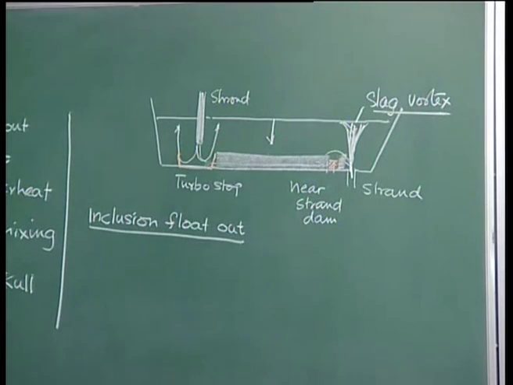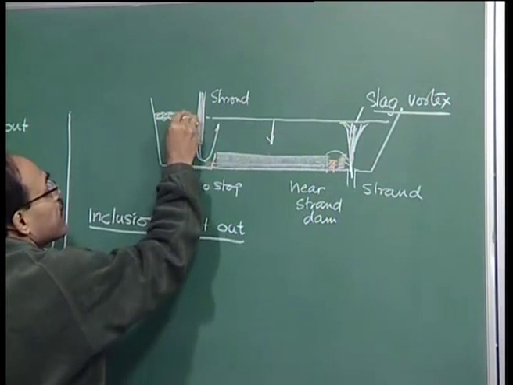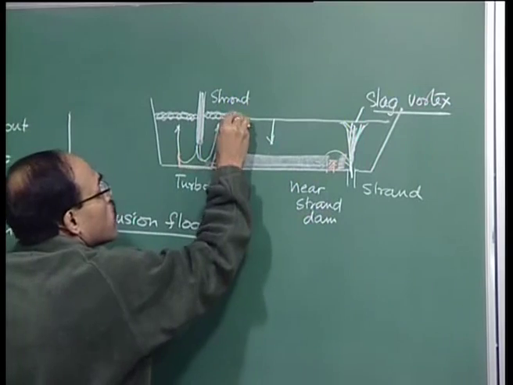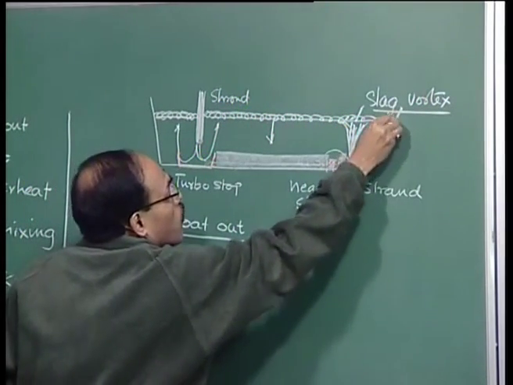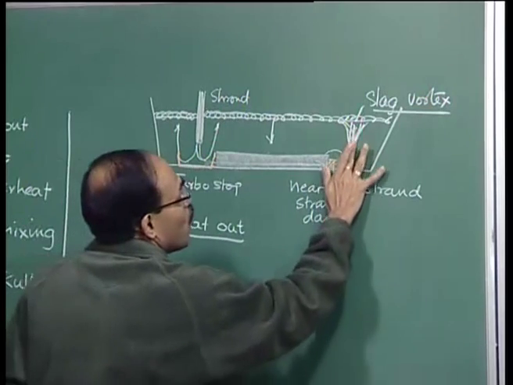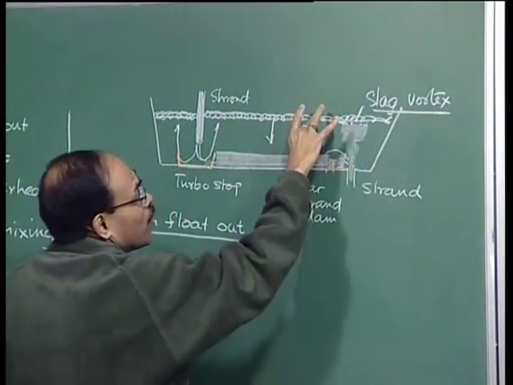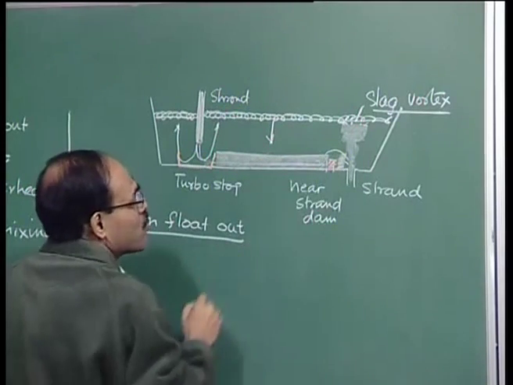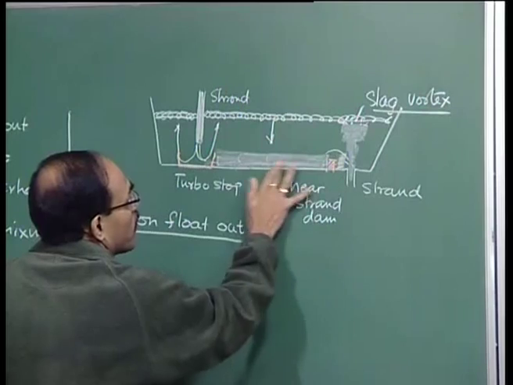So, imagine a tundish which is completely filled. Okay, we have the slag layer here, and there is no slag vortex, of course, because the bath height is too much now. It is only when the bath height falls to this level that maybe there is going to be some slag vortexing.